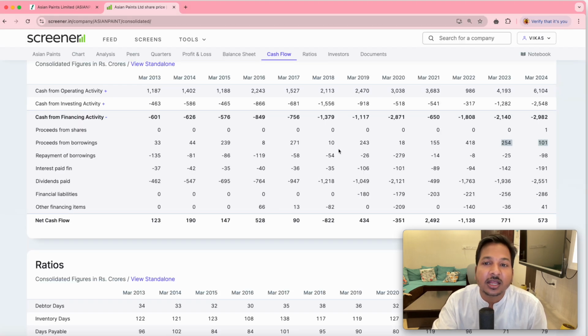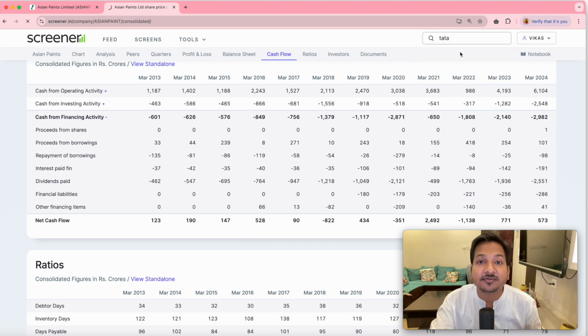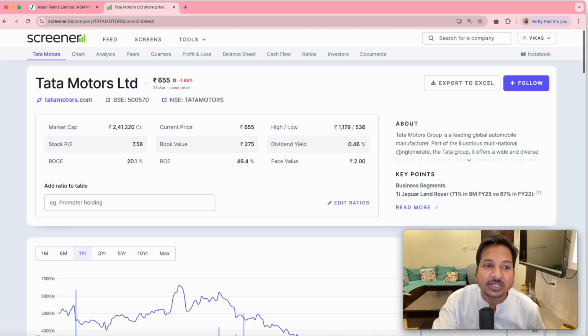What I mean to say, suppose you take an auto sector company, and you know the auto sector is cyclical because its profit and loss goes with cycles as per the economy. So what can happen, maybe the last year for which you are taking the data is the best year. So you have to take the last 5 or 10 years of data and average it. That will be the best for these companies.